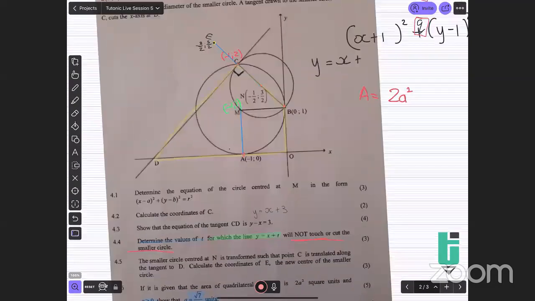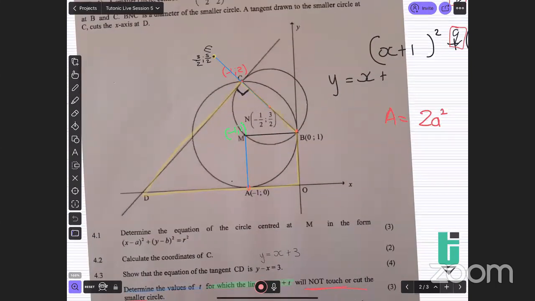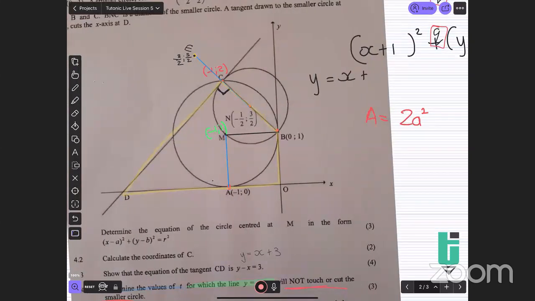So how can we work out the area of this quadrilateral, guys? Do you have any ideas? You can divide it into 2 triangles, maybe.